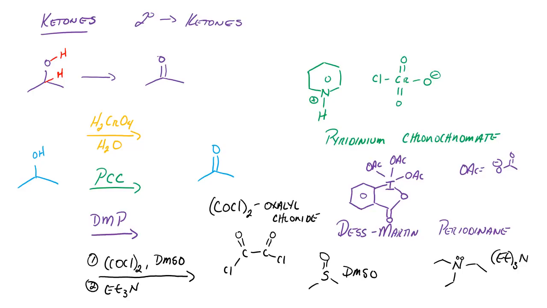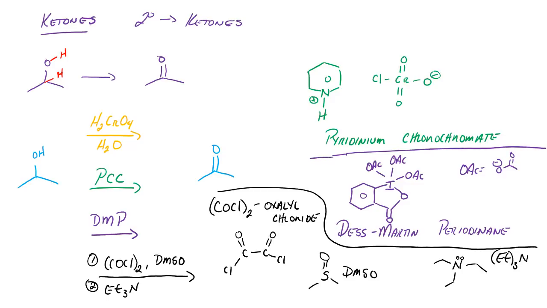Triethylamine, there it is. I'm trying to separate this all out so we can have all the notes on one. All right, so there's your recipe for a Swern oxidation.